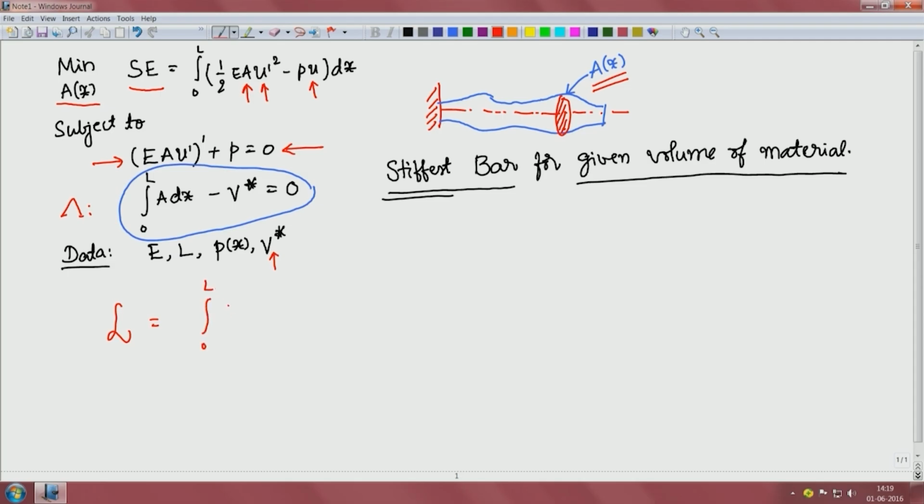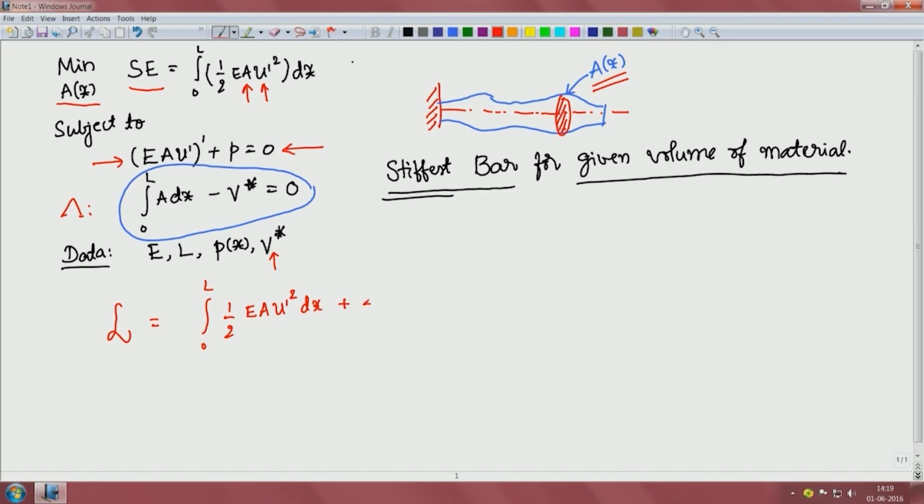Zero to L, half. In fact, the objective function is strain energy. So, actually this should not be there. Okay, let me erase that. So, the objective function is the strain energy, okay. So, we write that half E A u prime square dx, and whenever you have a constraint which is a functional type of constraint, there is a corresponding multiplier, which is this lambda.